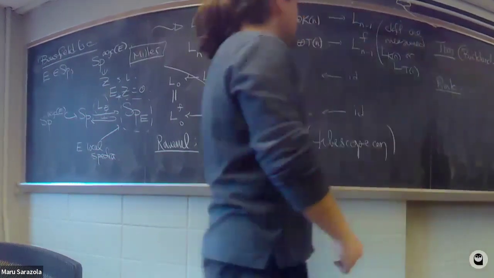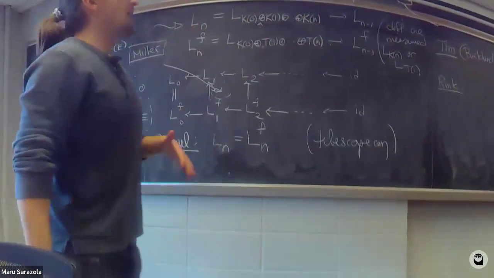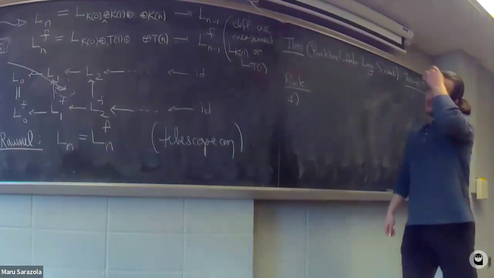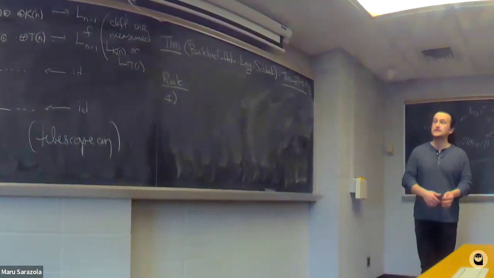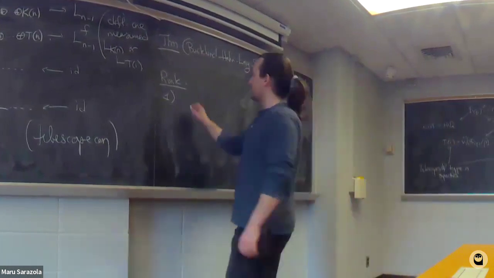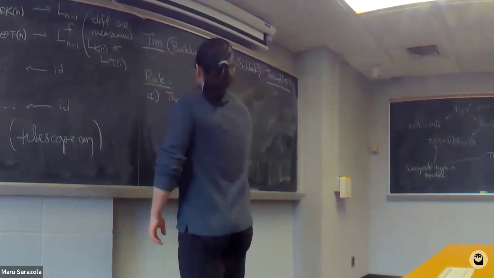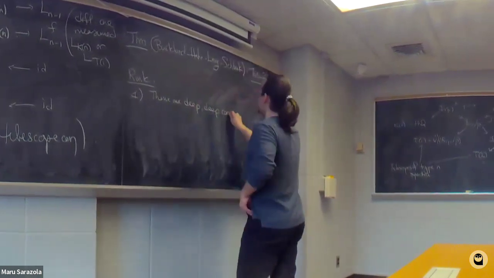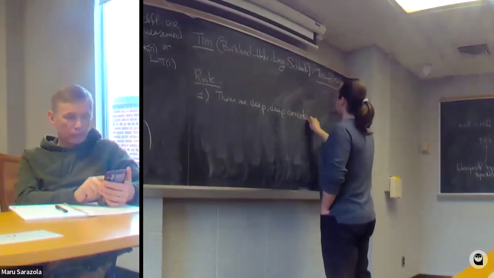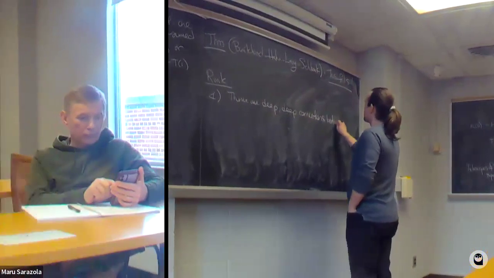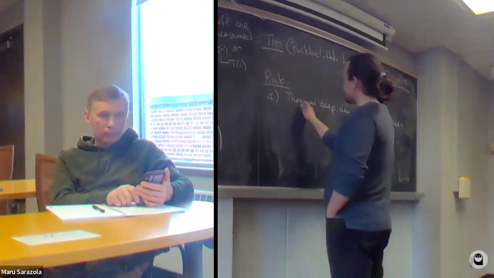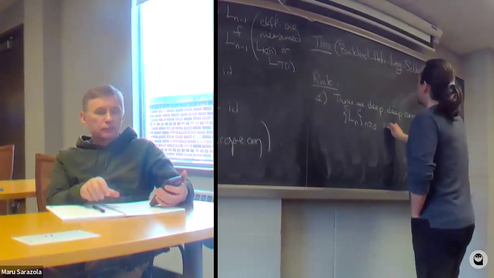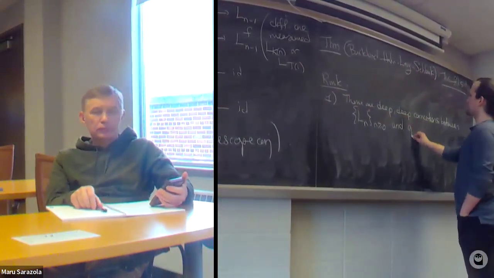For reasons which I haven't explained yet, and I probably won't get an honest chance to legitimately explain in the next several minutes, there are deep connections between this collection of Bousfield localization functors and geometry.